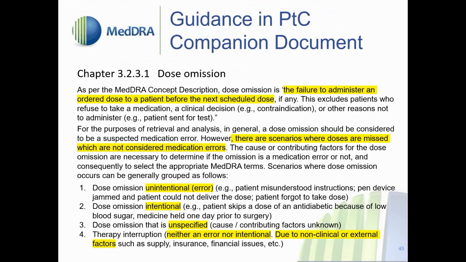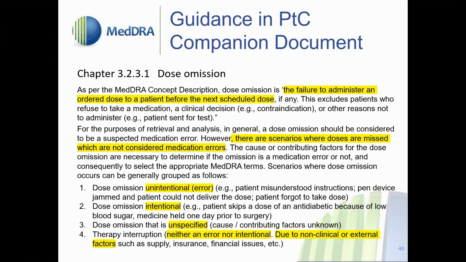We saw that already in the concept descriptions. And that the cause or contributing factors for those dose omissions are necessary to determine whether the omission is a medication error or not, and to be able to select the appropriate MedDRA terms.